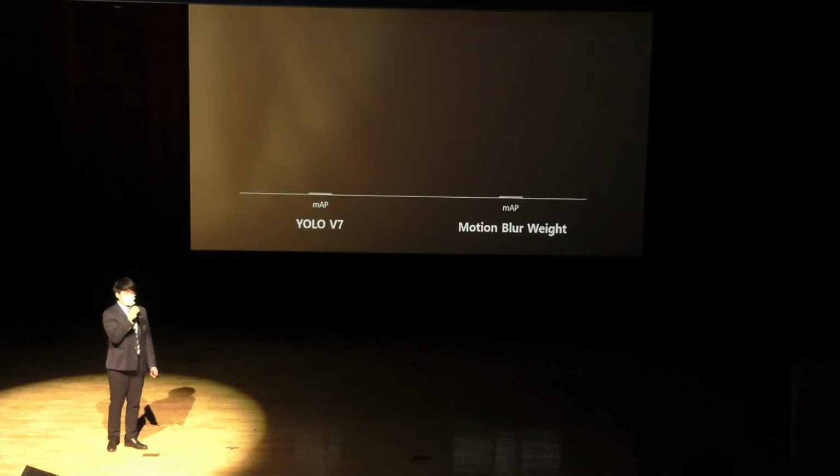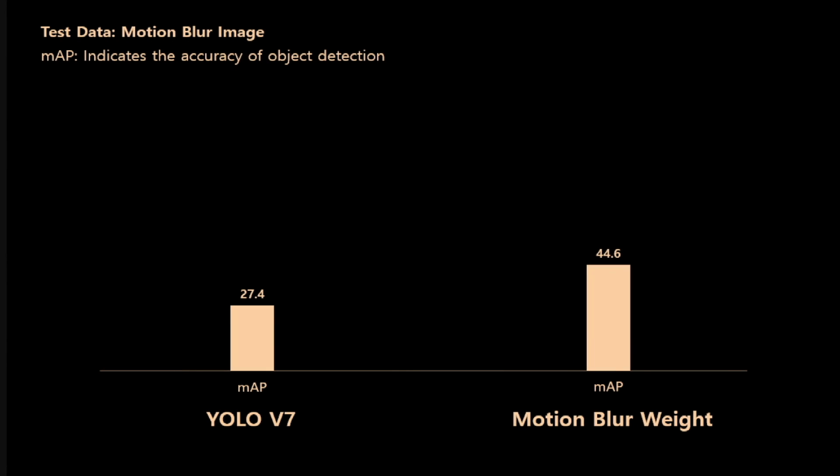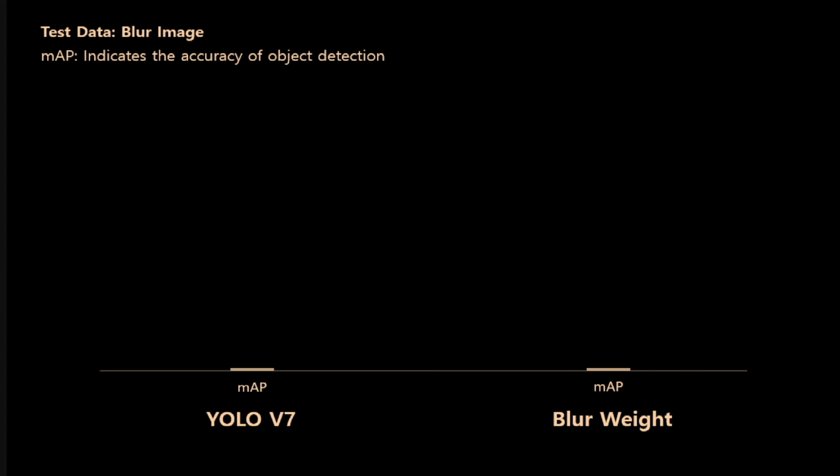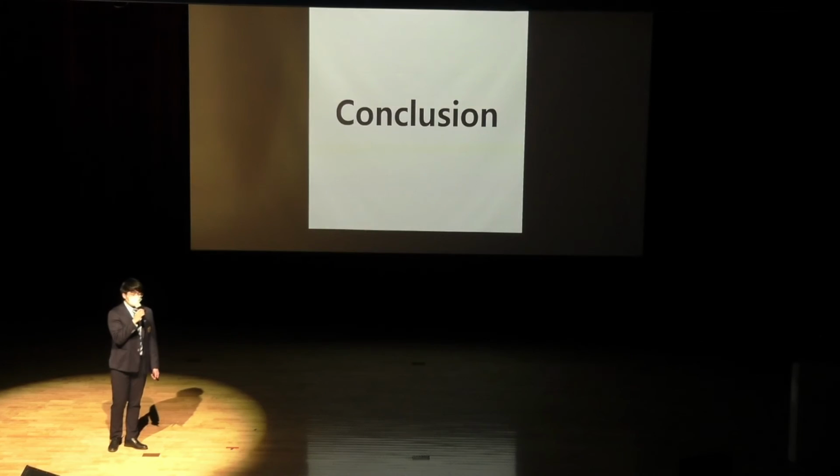When I test Yolo V7 and motion blur rate show 62% higher MAP value than Yolo V7. Blur rate offer an 80% higher MAP value than Yolo V7. I could find significant improvement in motion blur rate. Also, blur rate offer an 80% higher MAP value.